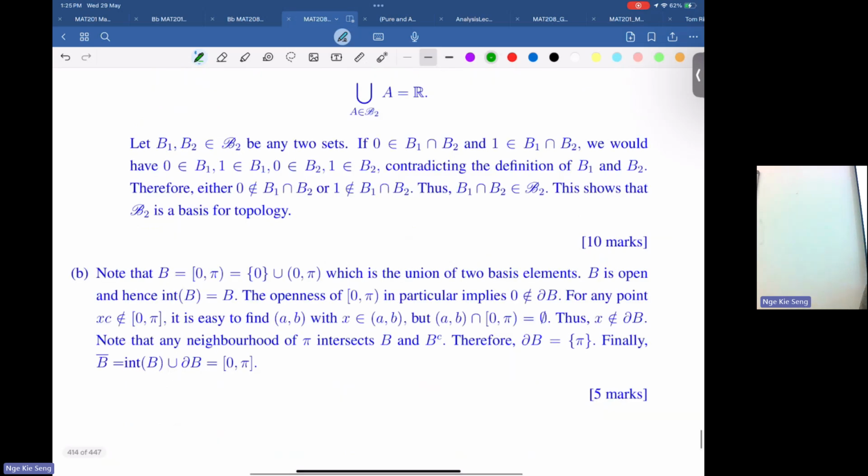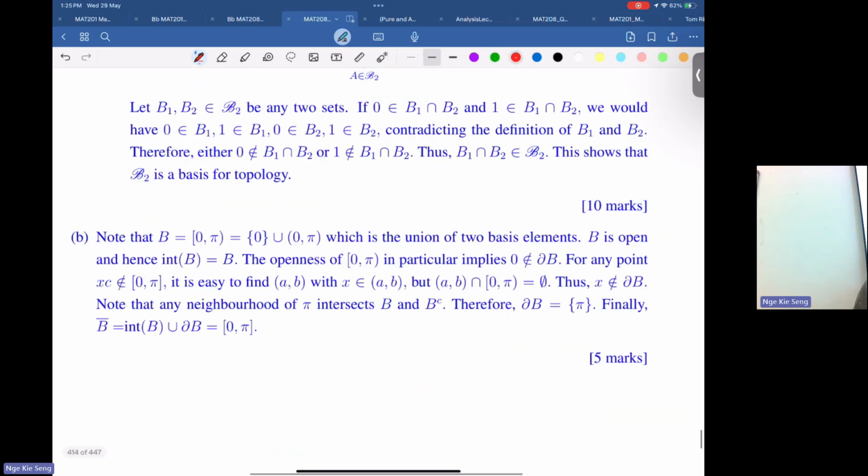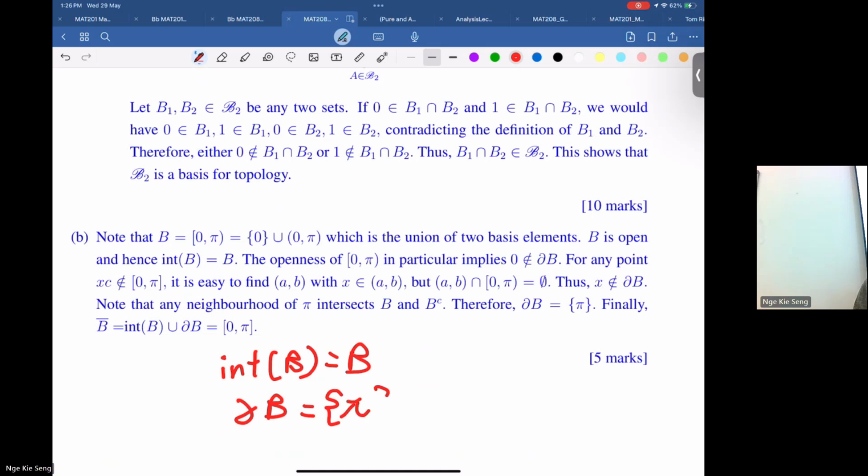Why is B worth discussing? Let me list down the solution here. In B, let B be the interval, and the boundary of B is pi, and the closure of B is 0 to pi. So what is B? B is 0 to pi.